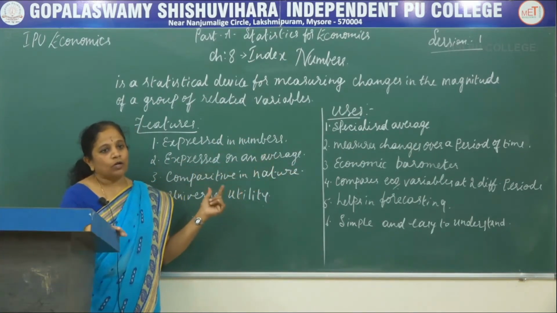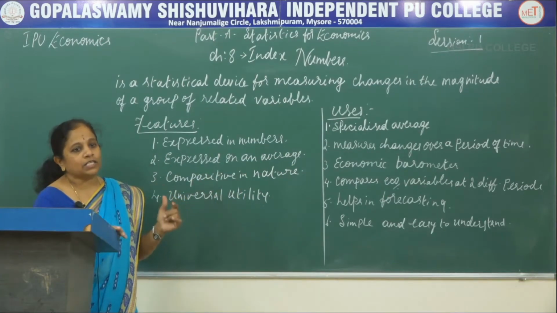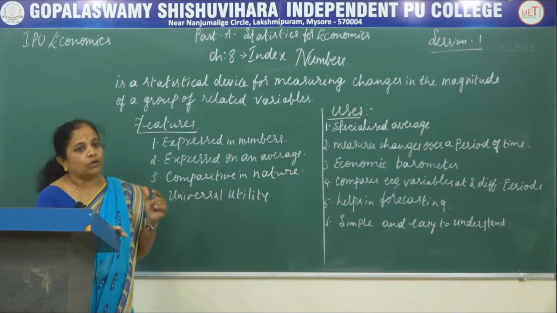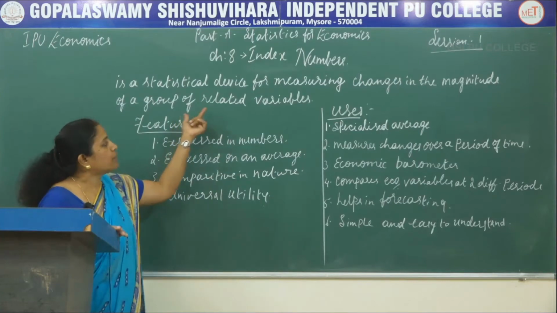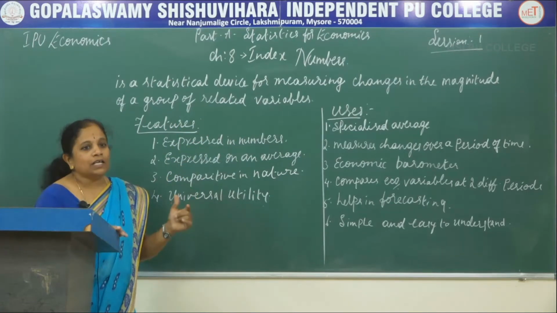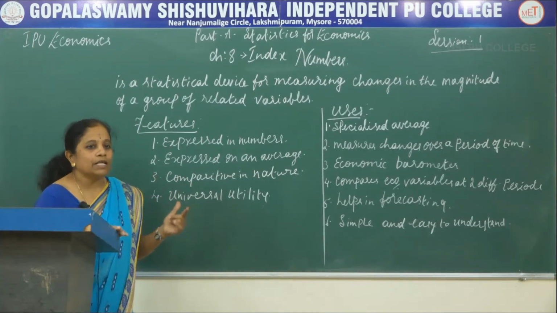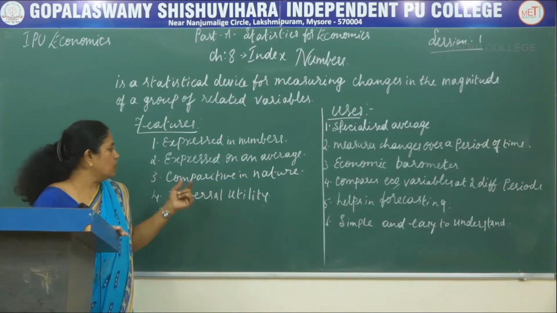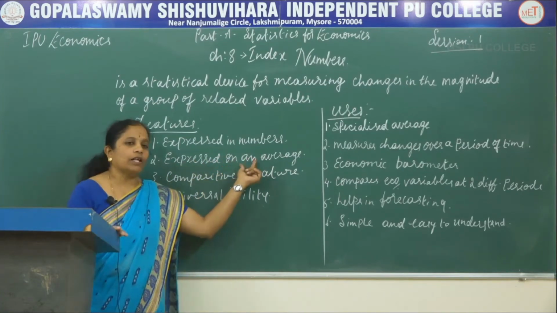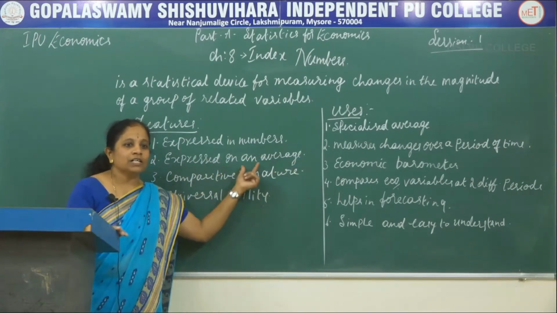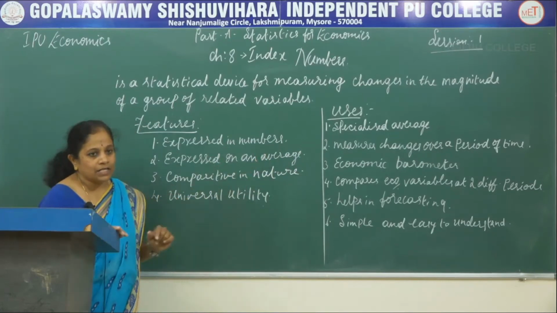As you all know, an index number measures the change in the magnitude or the volume of a group of related variables. It is compared with the past year's performance or the base year performance. So, it is expressed as an average because it is compared with the past year details.